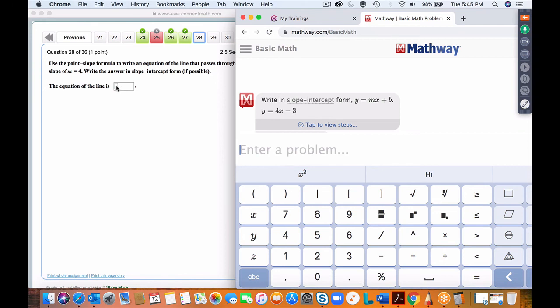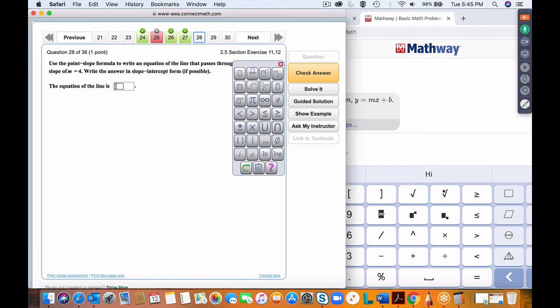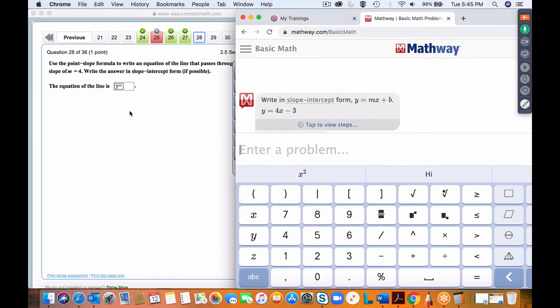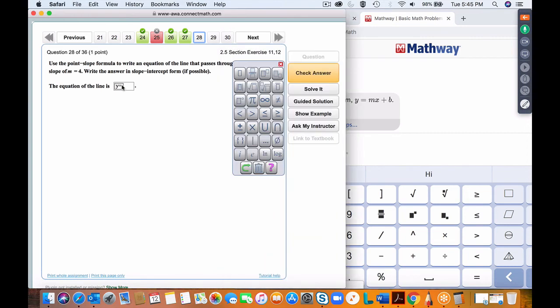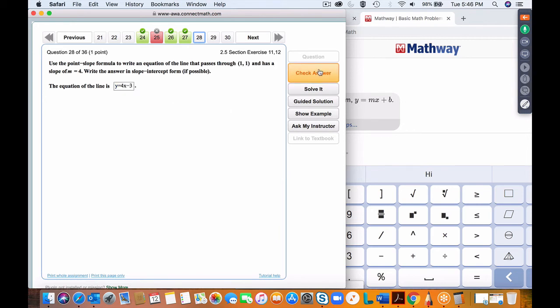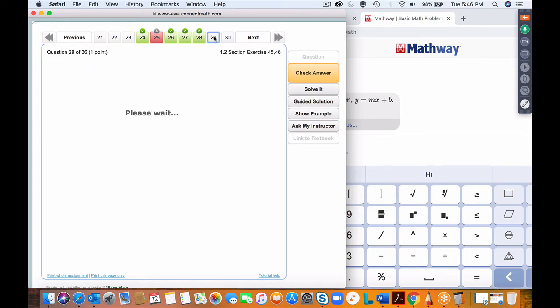So we have y is equal to 4x minus 3. So let's put right here 4x minus 3. We check. It's getting slower, the internet. Now 29.